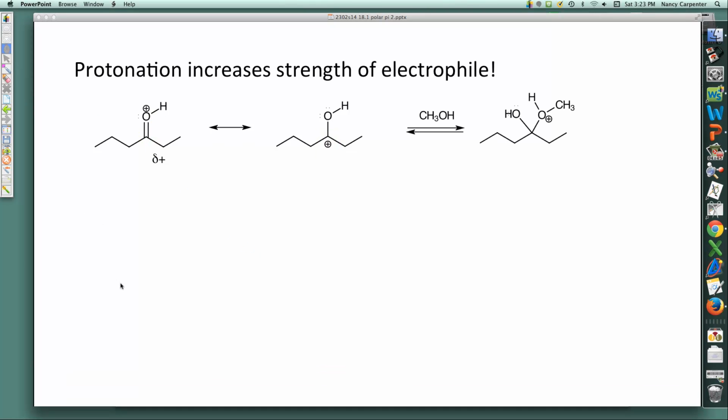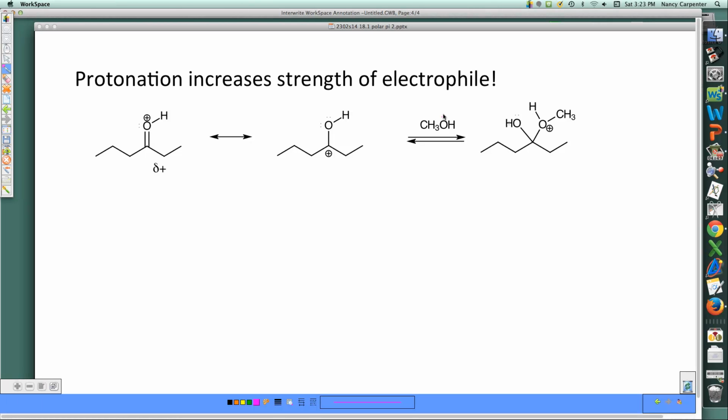So that when we add our nucleophile, in this case methanol, the whole reaction is facilitated by the presence of that enhanced positive charge on the carbonyl carbon, and you get a faster reaction to give this intermediate.